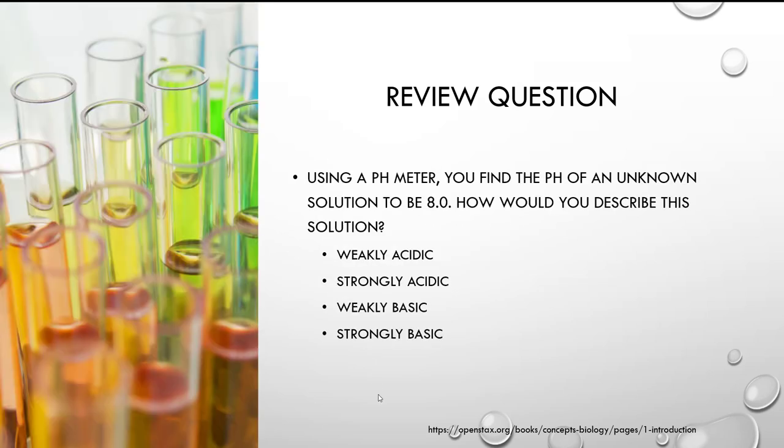Here's another review question. Using a pH meter, you find the pH of an unknown solution to be 8.0. How would you describe this solution? Would it be weakly acidic, strongly acidic, weakly basic, or strongly basic? If you chose weakly basic, I would agree with you.